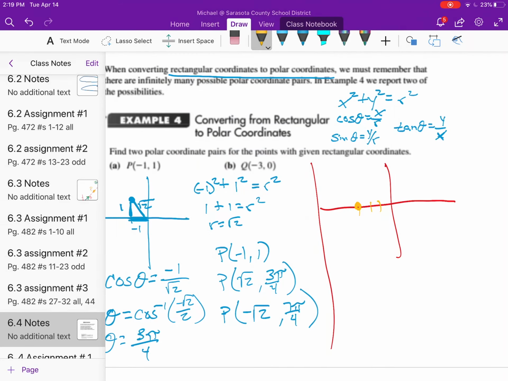If you are on the point -3, 0, where are you on a unit circle? Basically you have a unit circle that's been scaled by a factor of 3. That radius of 1 is now a radius of 3, regardless of the sign of the value. But when you're on the point -3, 0, you're really at pi radians.